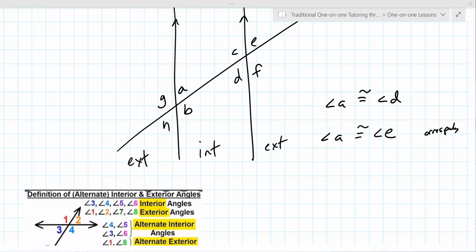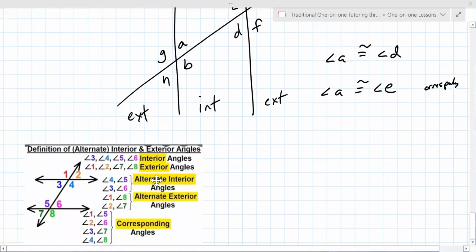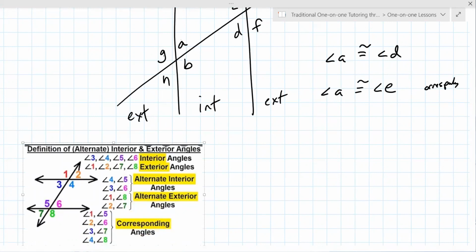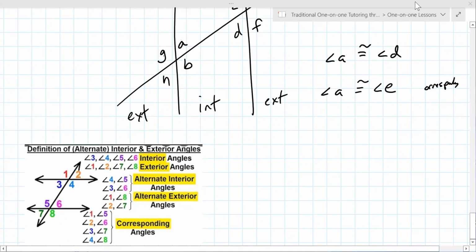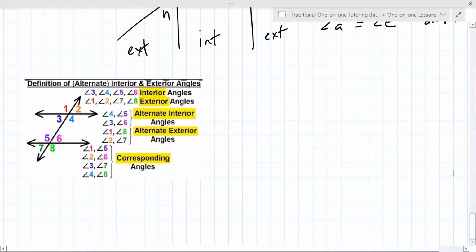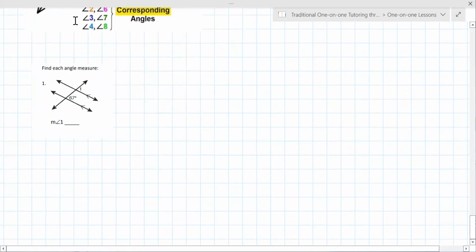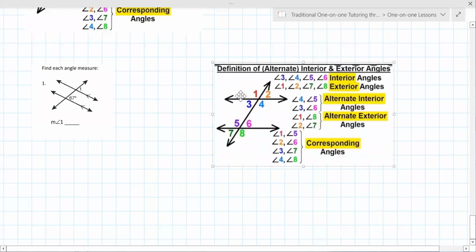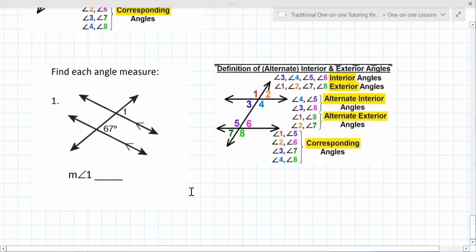So the point is that A gets you to E, and then what gets you to D? How does E go to D? Corresponding angles? Nope, vertical. Because A to E is corresponding, and then E to D is vertical. Right. Okay.